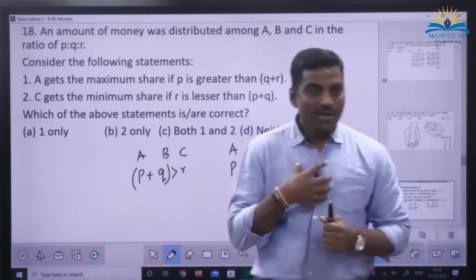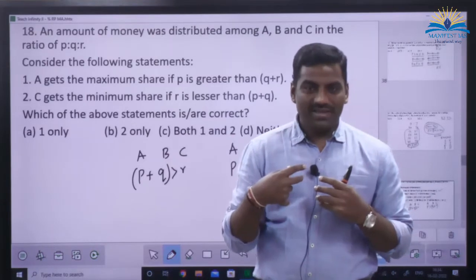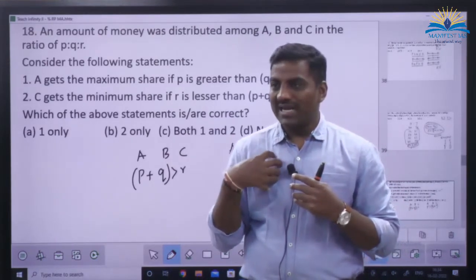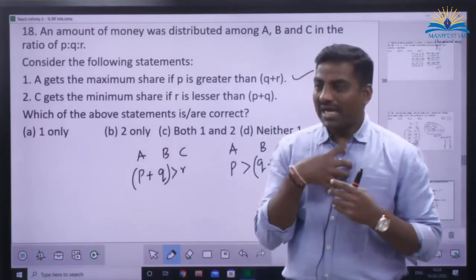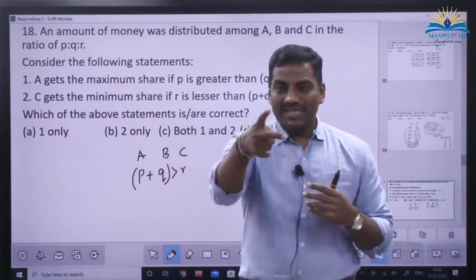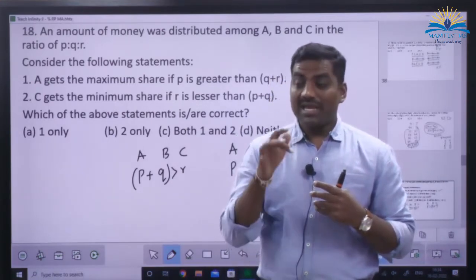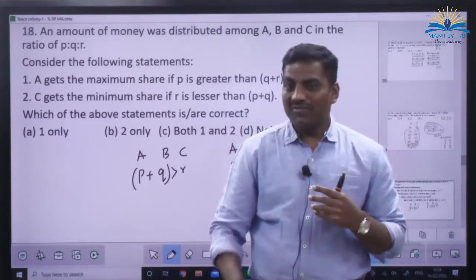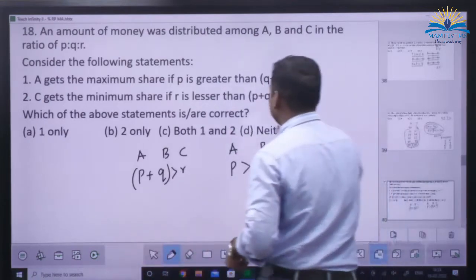If I say my salary is more than the sum of your salaries, then can you easily conclude that my salary is more than each individual one also? In this case, my salary is lesser than the sum of those 2. But can you conclude that my salary is definitely less than any one of them? We can't say, right? So the second one, we can't say.